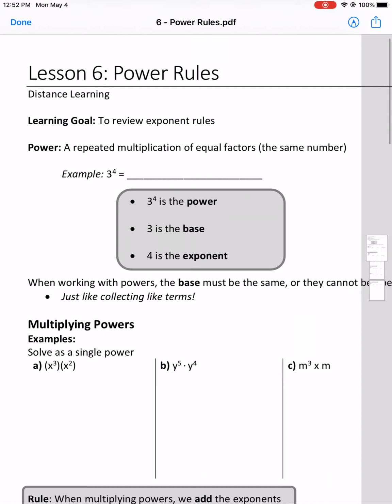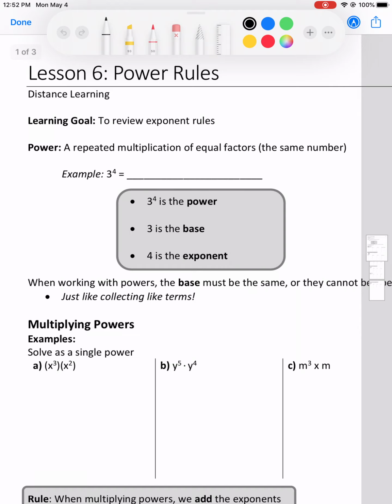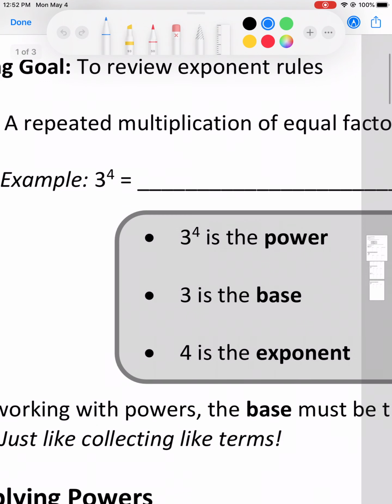So what is a power? A repeated multiplication of equal factors, or the same number. So let's get our blue. 3 to the power 4 is the same thing as writing 3 times 3 times 3 times 3.